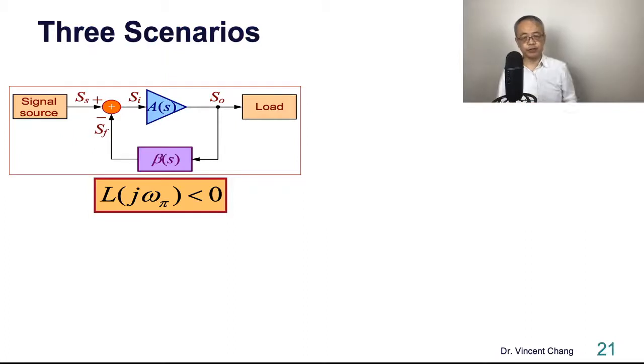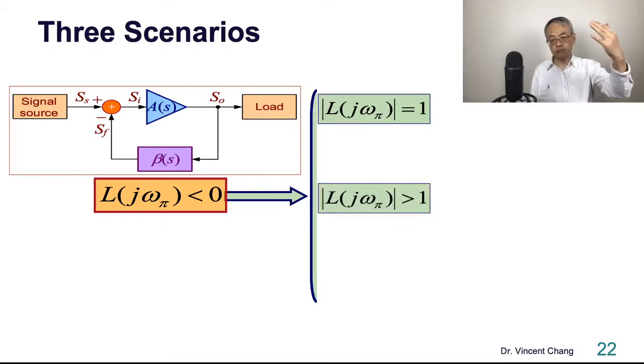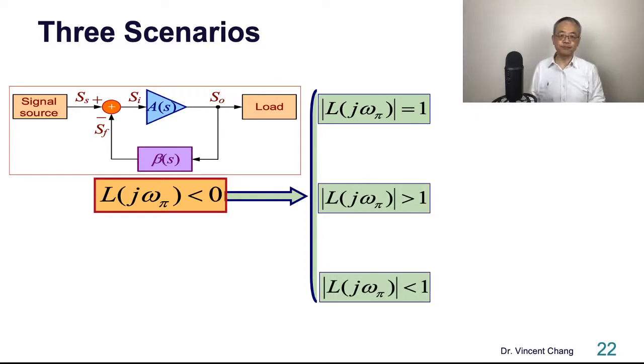Three scenarios. Let's focus only on this frequency, omega 180, omega pi. At this frequency, loop gain is less than 0. Let's consider three scenarios. You can put down negative 1, negative 0.5, or negative 2. So the magnitude, the absolute value, is 1, or greater than 1, or less than 1.